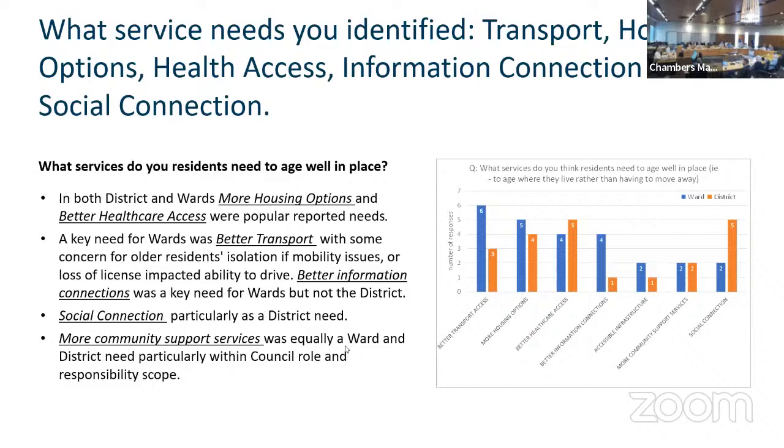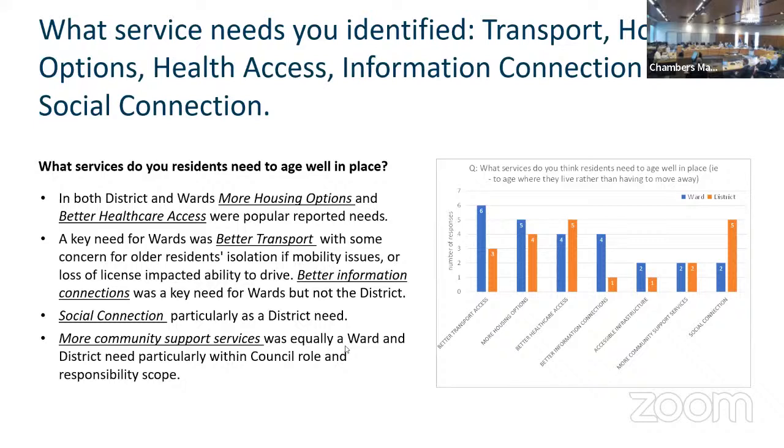Right, so the second question was, what services do your residents need to age well in place? And we asked you to think about the council services. So in both district and wards, more housing options came up a lot, and better healthcare access were popular. There was a key need for wards to have better transport, either public or alternative options, with some concern for older residents' isolation if mobility issues or loss of licence impacted their ability to drive a car.